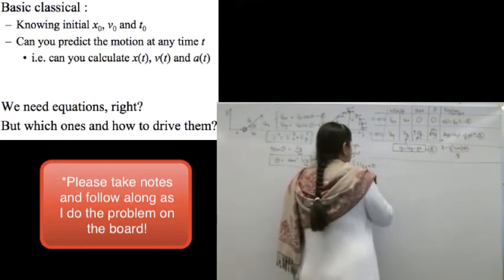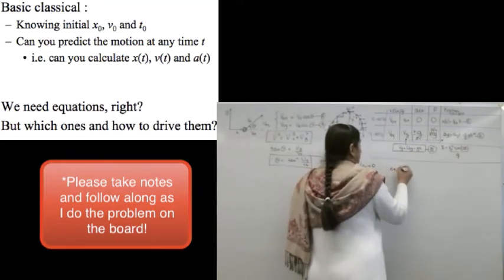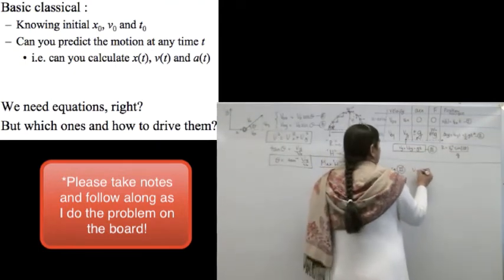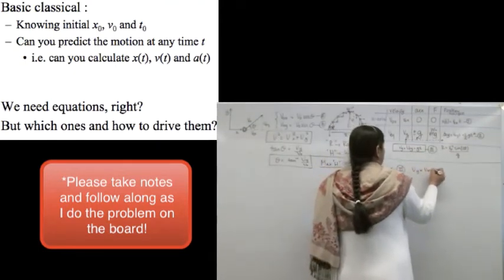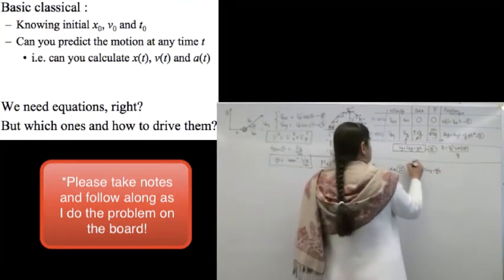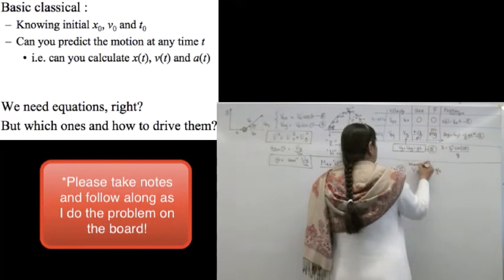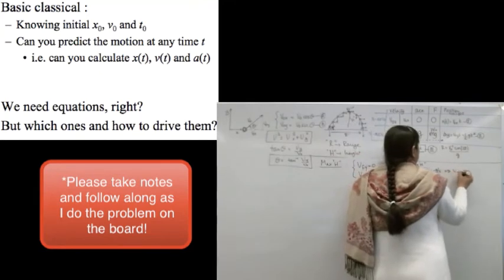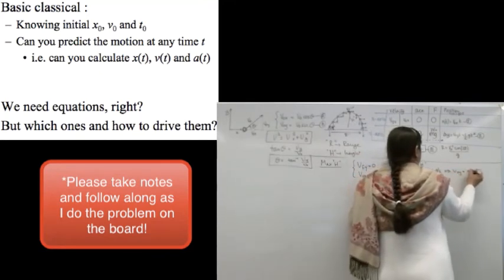So if I was to take equation 3, which is this one, Vy equals V0y minus gt. That means at my maximum height, this goes to 0. This implies V0y equals gt.